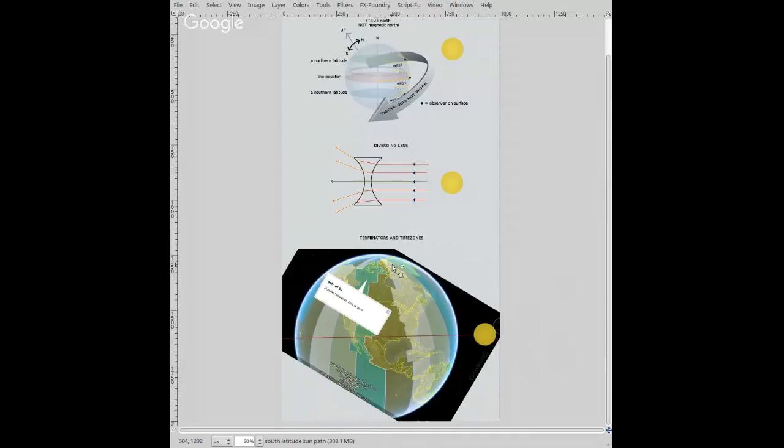So go read up on terminator lines and time zones, the relationship between the two, and the fact that these lines marking the edges of time zones are terminator lines as the sun goes around, or whichever way you want to think of it, the Earth spinning while the sun sits. The Earth spins on a given day, does a complete spin, and from our perspective, look at these little dots, this is our perspective.